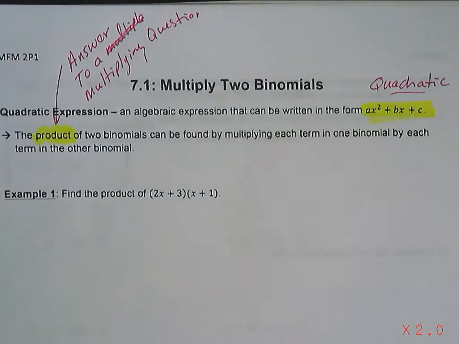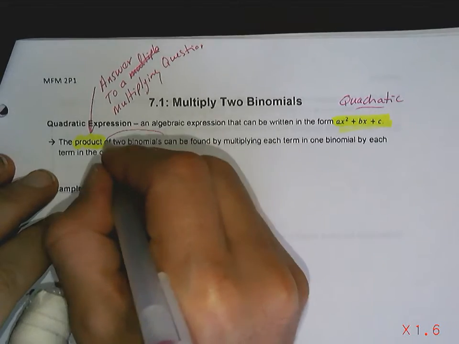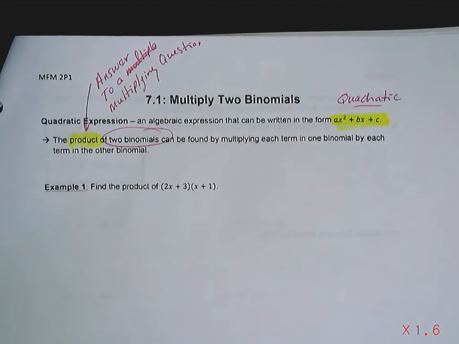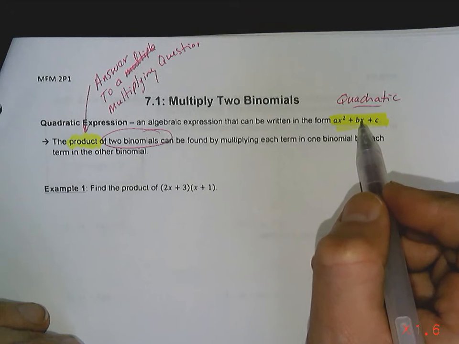So, product means the answer to a multiplying question. So, when I take two binomials and multiply them together, we're going to get a quadratic in this form, and that's going to be very important to us.